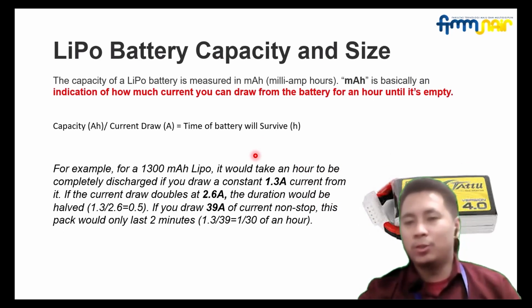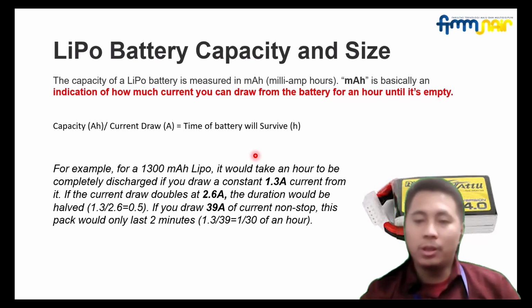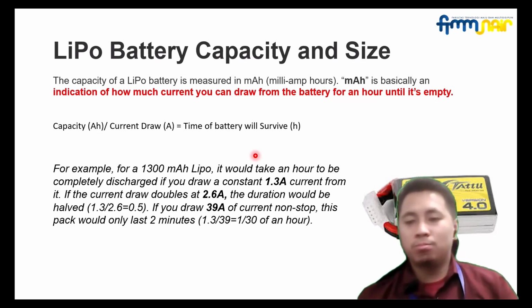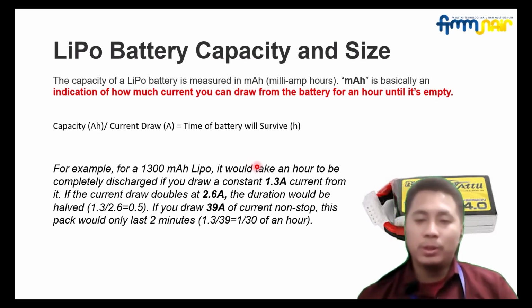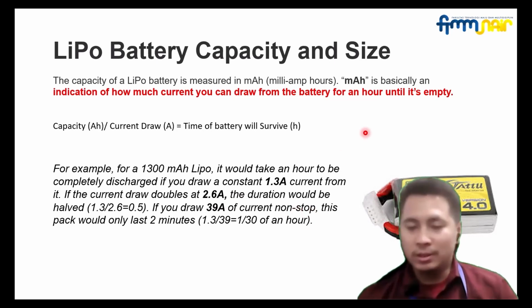And this is the LiPo battery capacity and size. For example, you have a 1300 milliampere hour LiPo. It will take an hour to completely discharge if you draw a constant 1.3 ampere current from it. If you draw 2.6 amperes, the duration would be half. So that's the calculation.